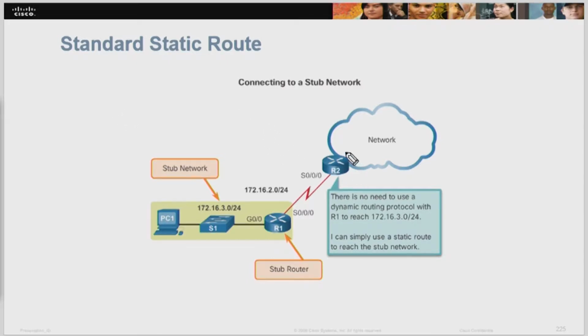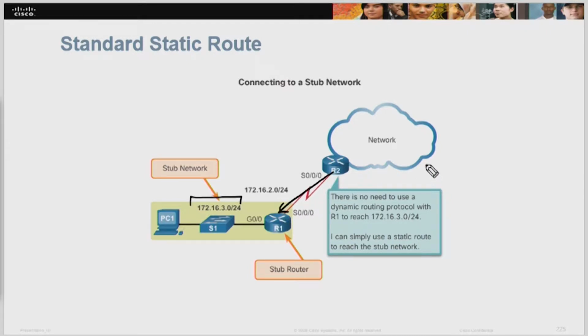If we look at the infrastructure that we have here, we have router 2 that's connected to the network, whether it's the network, the internet, an extranet, something. This is in a data center. This is in the corporate location. So when R2 comes up, we could choose to just do a static route that says, hey, I know that I have the 172.16.3 network out here. So R2, if you see the 172.16.3 network, send it either out this interface or to this next hop address.